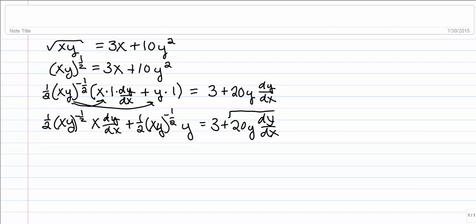And now we have two terms that have dy/dx, and I'm going to bring them both to the same side. And we have two terms that do not have dy/dx, and we're going to bring them to the same side as well. So I'm going to subtract 20y dy/dx from both sides.